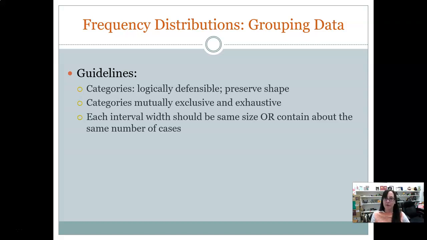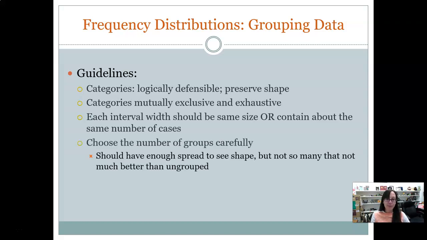And so you want to choose the number of groups carefully, because you still want enough spread to be able to see the shape. You don't want to collapse 40 or 50 different values into just two groups, because that's going to totally get rid of any of the shape that's there. But you also don't want so many that you collapse from 40 to 35 to make it a little easier to see.